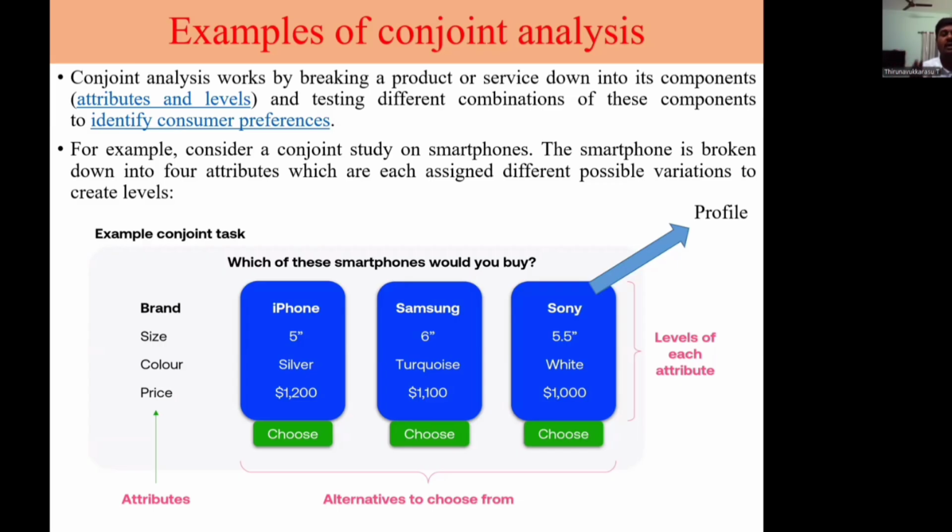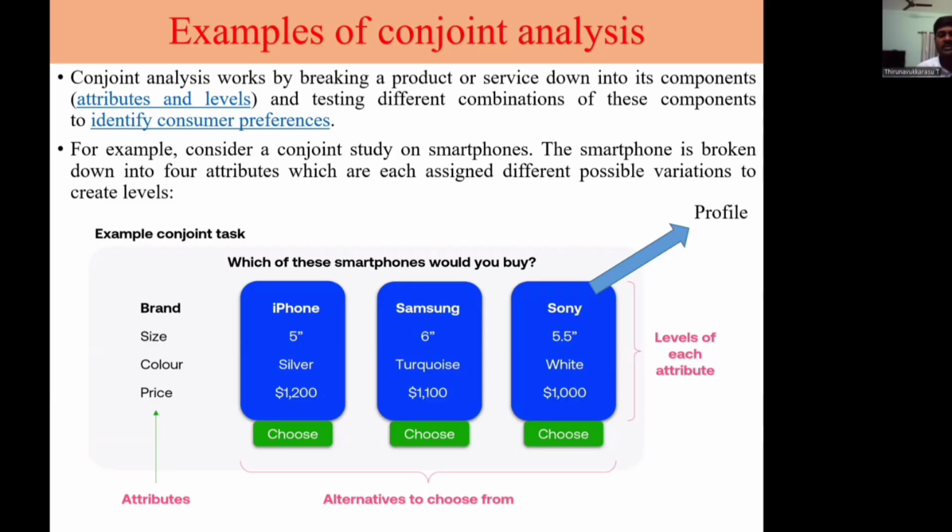Individually, I have mentioned three profiles. iPhone is one profile, Samsung is one profile, Sony is one profile. And then attributes are described as size, color, price, camera quality, and battery life. Like this, you have to write the attributes.